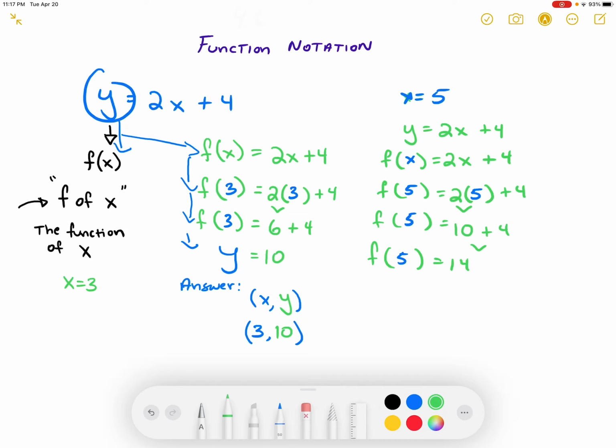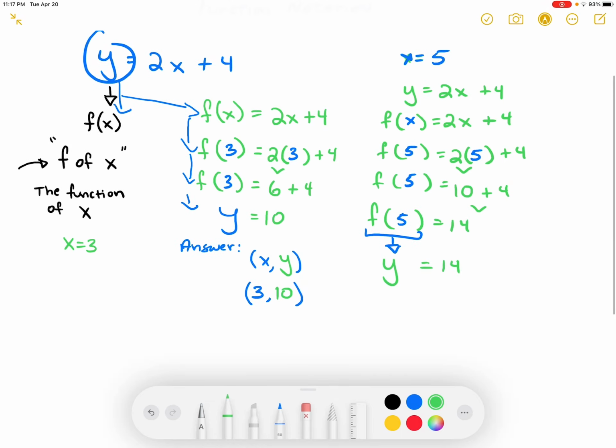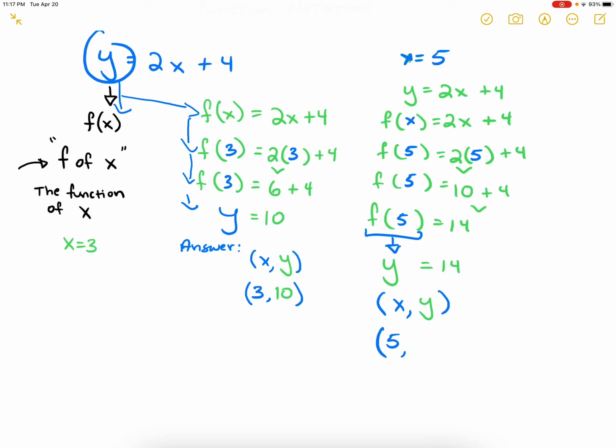Okay, so now there's nothing else I can do, right? There are no more operations. So remember, I write my answer in function notation. Remember, this is really just standing in place of the letter y. So y is literally equal to 14. So if I write this as x comma y, the answer as an ordered pair would be: the x was 5, and the y, which is the output or the answer, is 14.